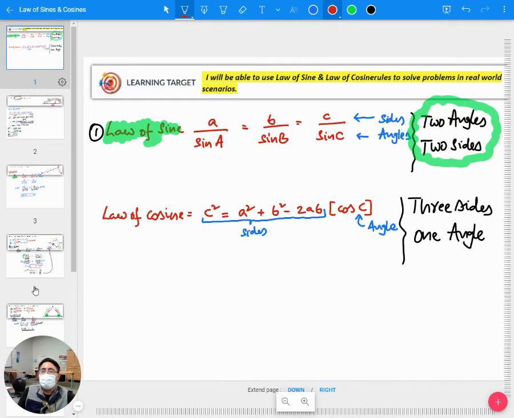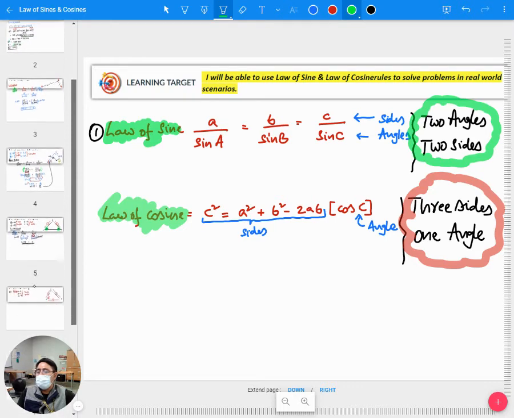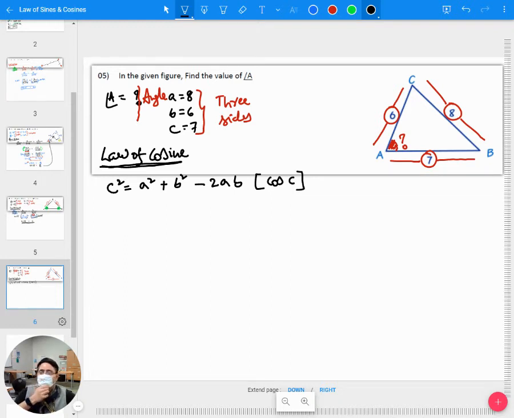If I have three sides and one angle, I have to go with the law of cosines. Let me write the law of cosines first: C squared equals A squared plus B squared minus 2AB times cos C. Here, I want to make some small changes.